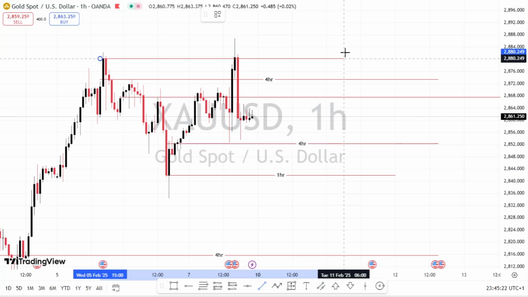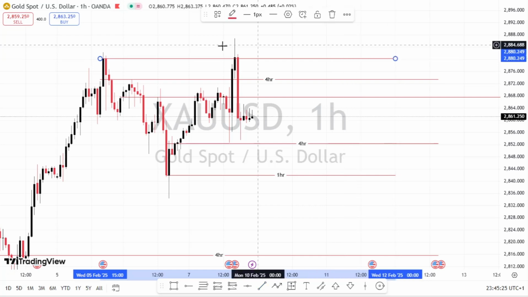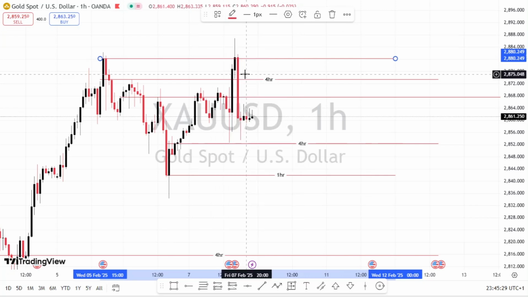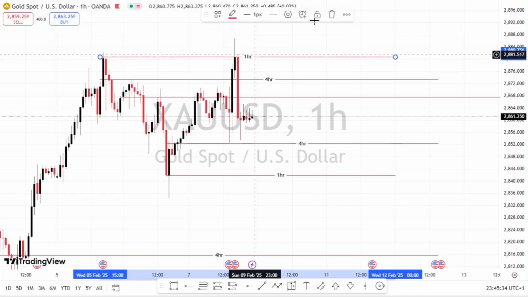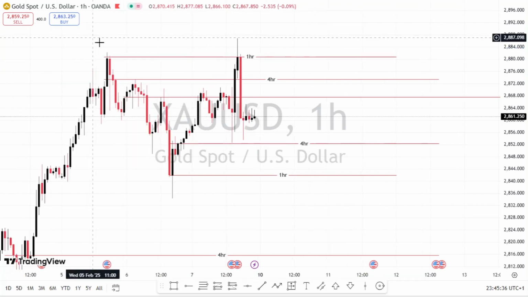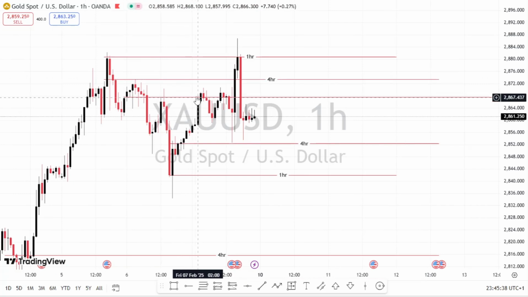So basically, both of them created a double top. Like a double top.